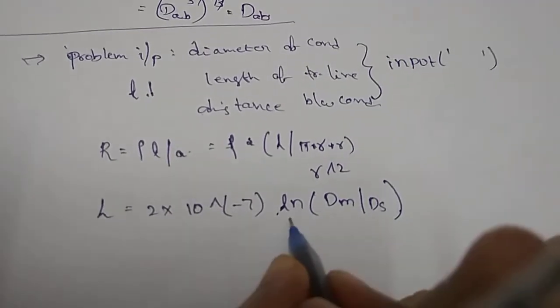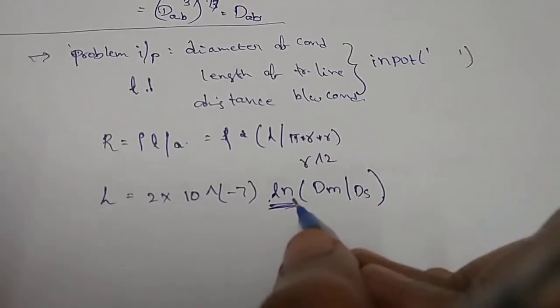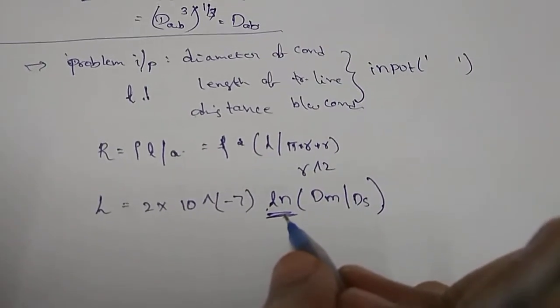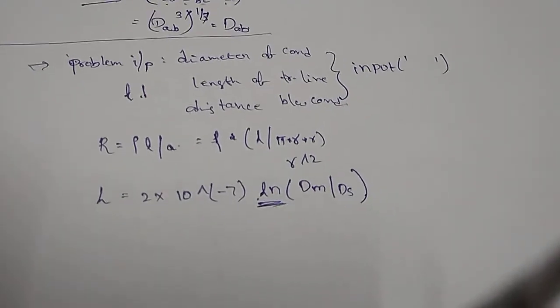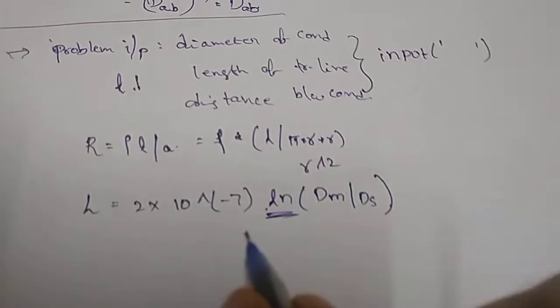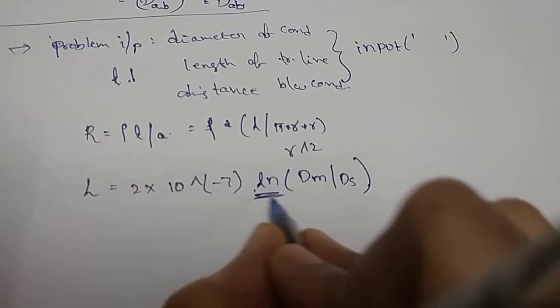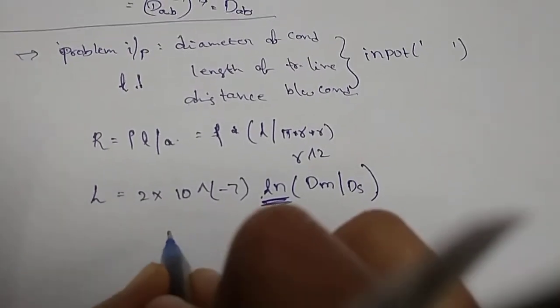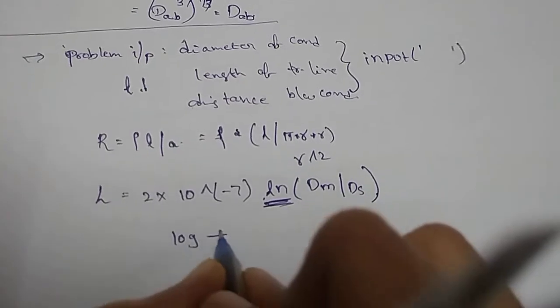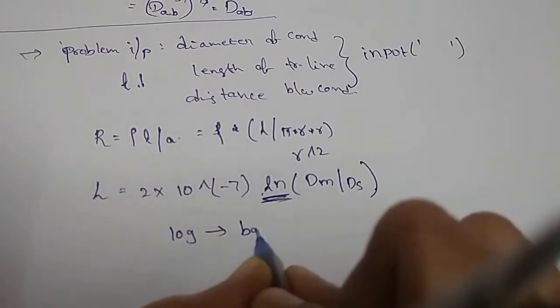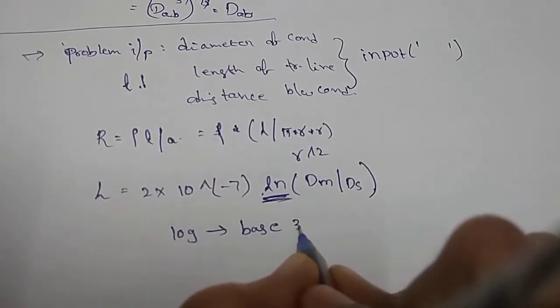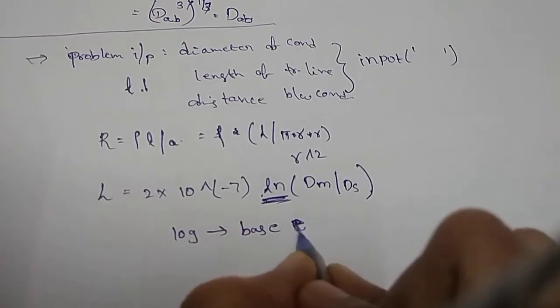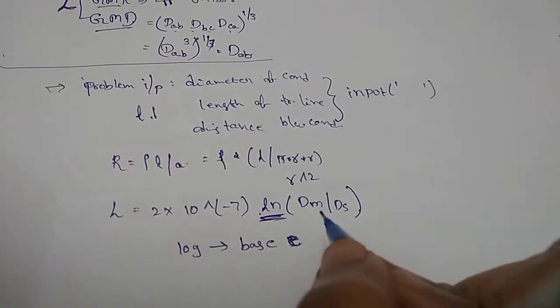I just want to say one point. In our regular theoretical calculations, here we use the ln. That means logarithmic base e. Whatever this ln, we call it natural logarithm.